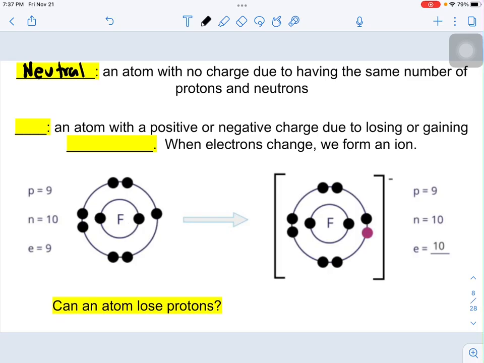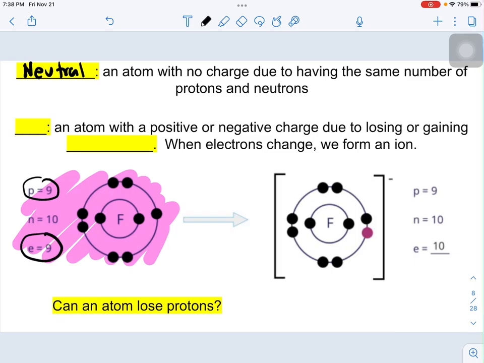And let's look at this section that I'm highlighting. This is a neutral atom. First of all, we're dealing with fluorine because we have 9 protons, and atomic number 9 is fluorine. It's a neutral atom because let's take a look at these electrons that I just circled.